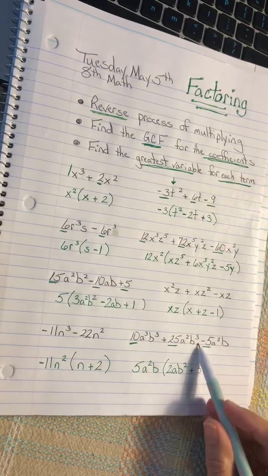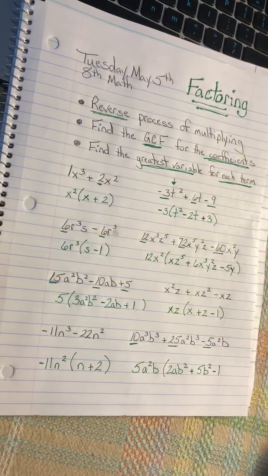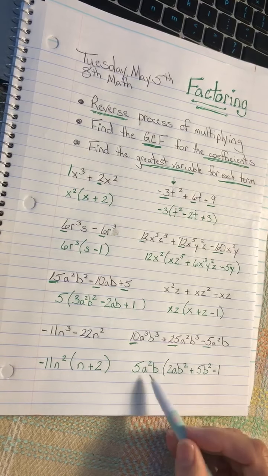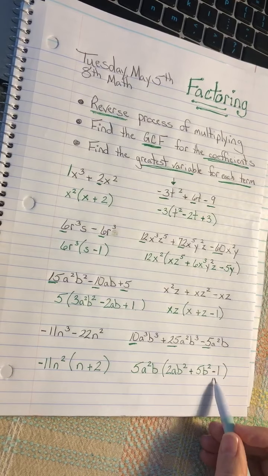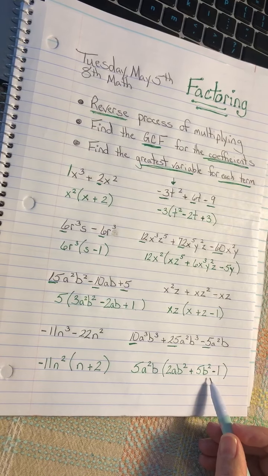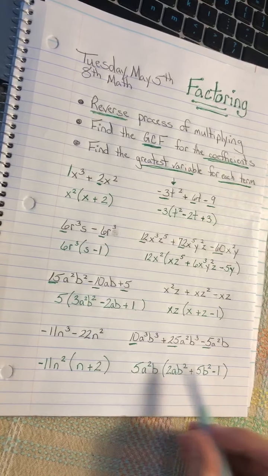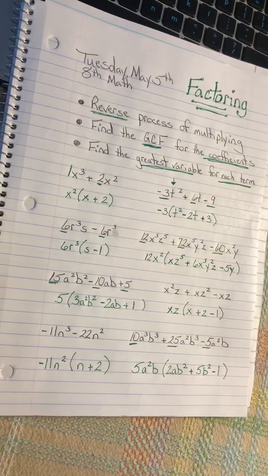Our last term is negative, so I need to stick a negative 1 in here. The a squared is already there. The b is already there. So to make the last term, all I need to do is add the negative 1. Once again, use distributive property to see if you get the third term.